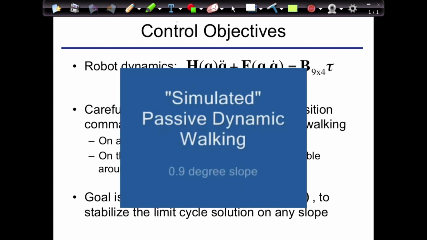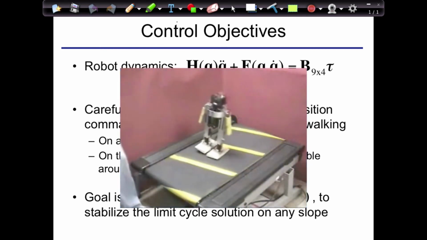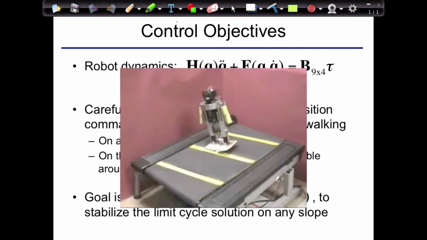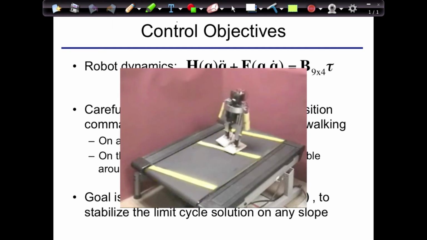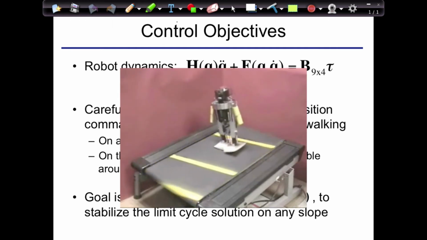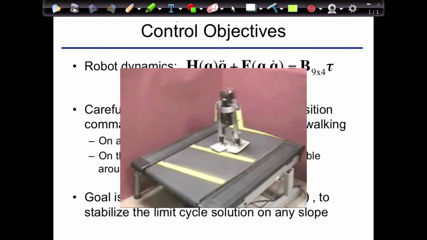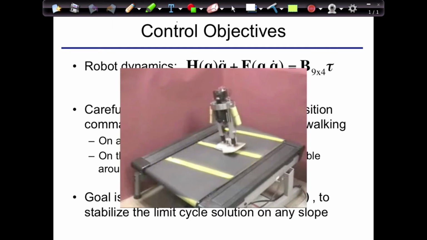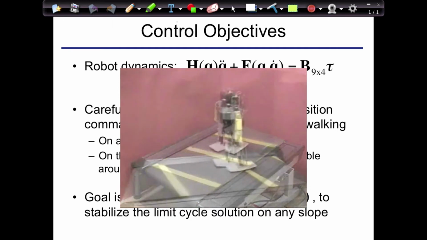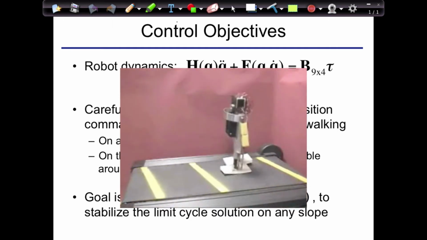And so when the controller was just 0, it would walk down a ramp stably, just like that previous passive walker. It would pretty much walk forever. I made the treadmill a little bowed, so it would have a tendency to go towards the middle, but it would basically walk forever on the treadmill.